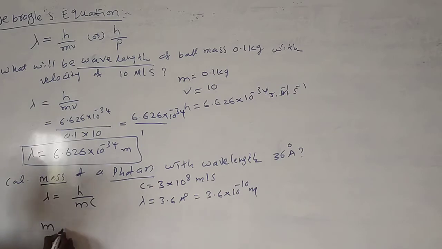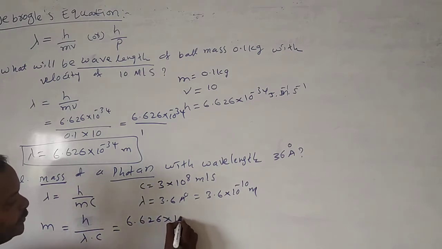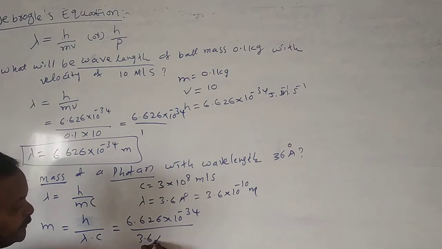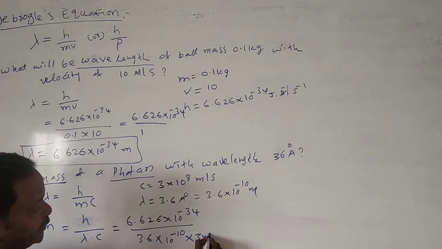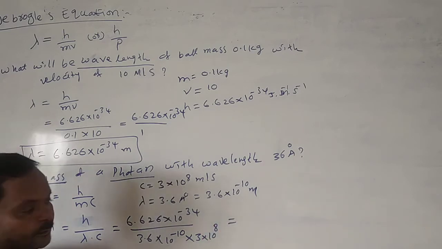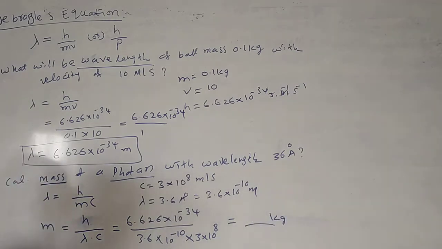Mass comes to this side, so m is h by lambda c. h is equal to 6.626 into 10 to the power of minus 34 by lambda, which is 3.6 into 10 to the power of minus 10, into 3 into 10 to the power of 8. You will get the answer in kilograms.